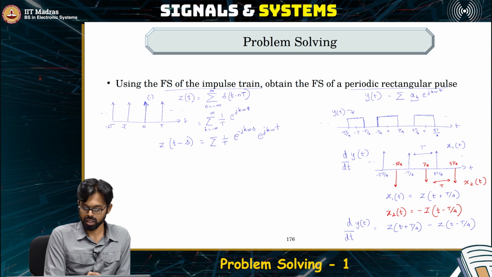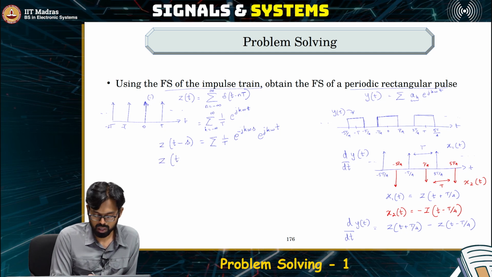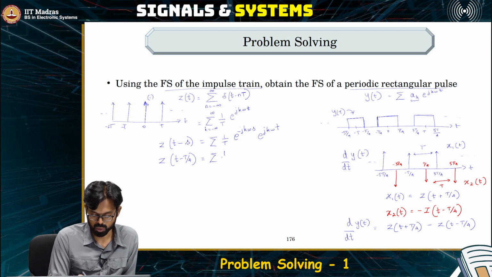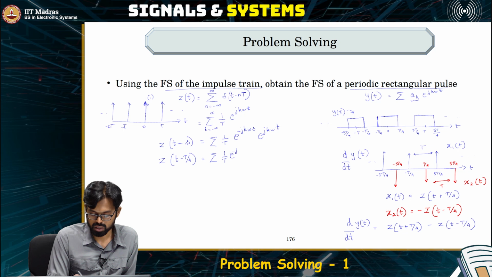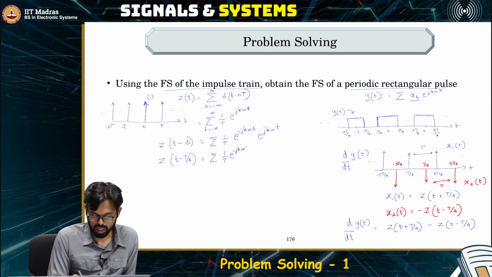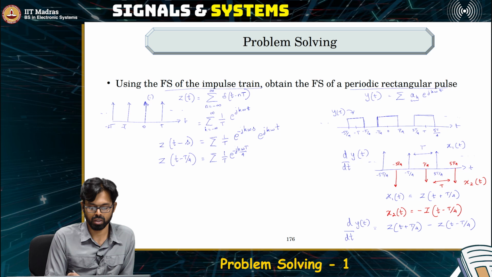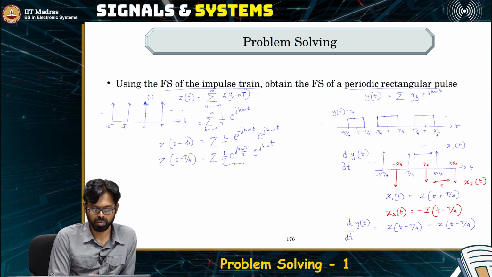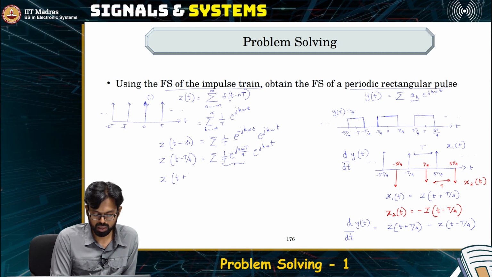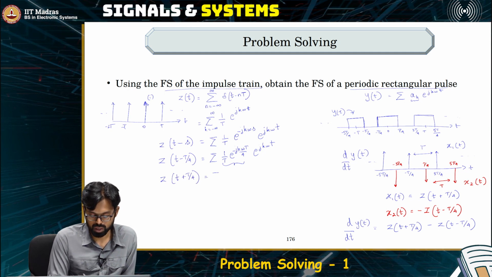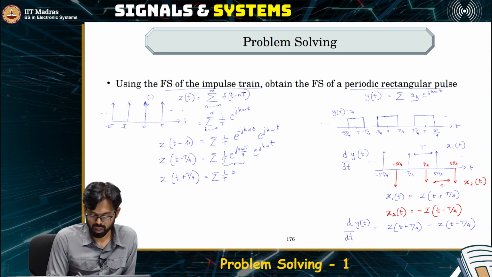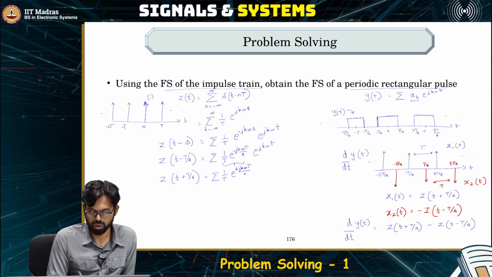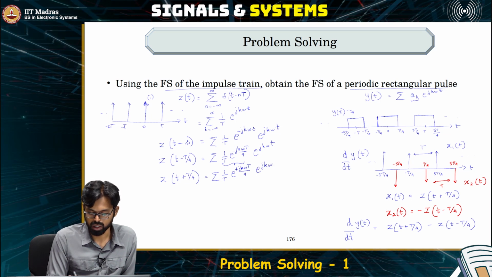So by this relationship, we can say that z of t minus T/4 has Fourier series coefficients which is 1/T e^(-jkωT/4). This is our Fourier series coefficient, and z of t plus T/4 will have a Fourier series coefficient which is given by 1/T e^(+jkωT/4) e^(jkωt).